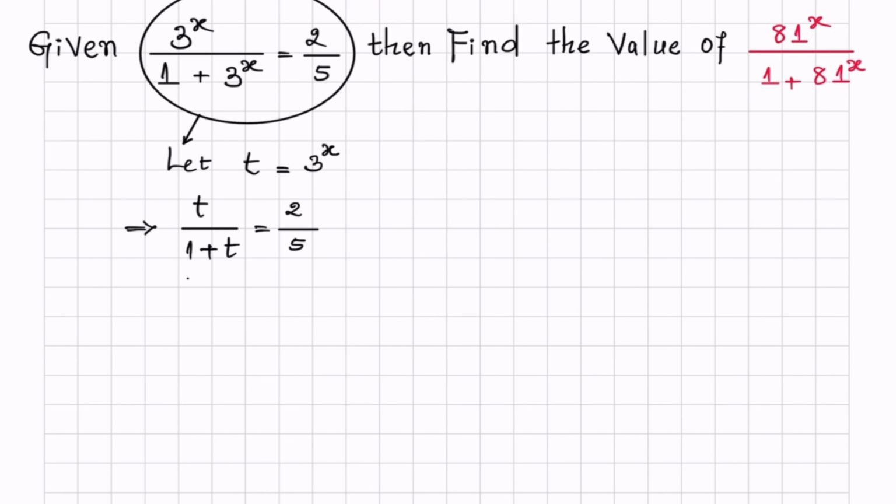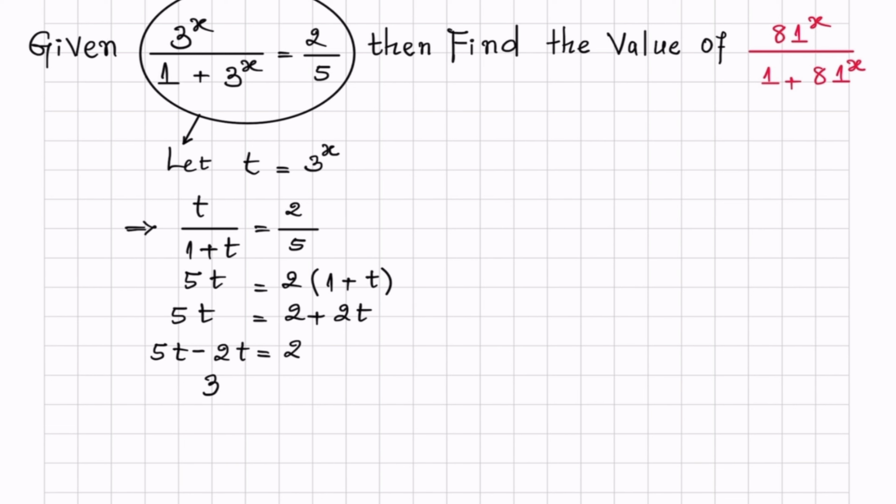Okay, we get 5t equal to 2 times (1 plus t), 5t equal to 2 plus 2t, 5t minus 2t equal to 2, then 3t equal to 2, then we will get t equal to 2 over 3.